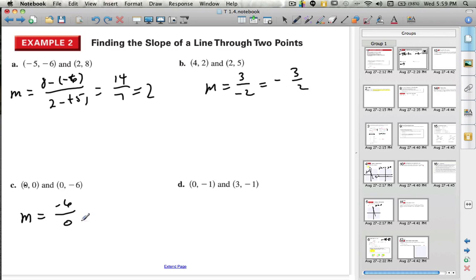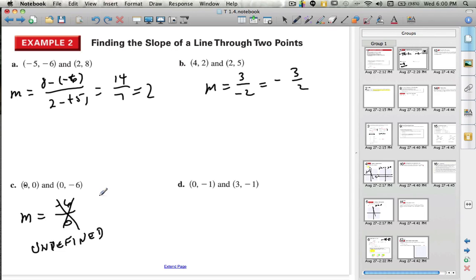And this is a problem. I can't have a fraction with a denominator of 0. So this becomes undefined. And this is what it looks like when you try to find the slope of a vertical line, because there is no run.